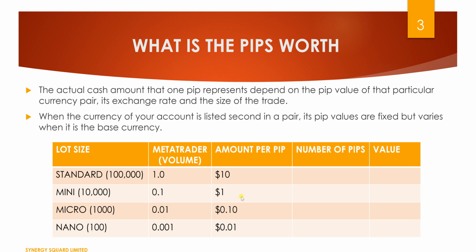And the amount per pip is 0.01. So while one volume of 100,000 units of currency gives you $10, the one for mini gives you $1, the one for micro gives you 10 cents, and the one for nano gives you 1 cent.